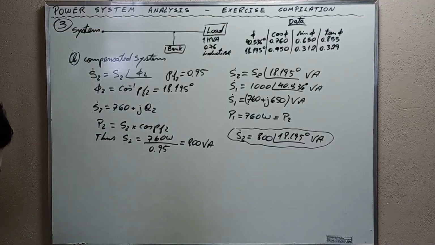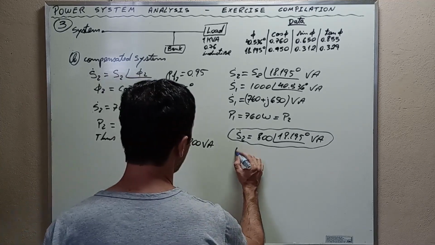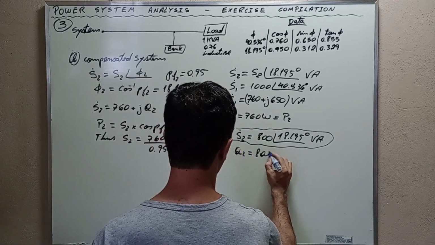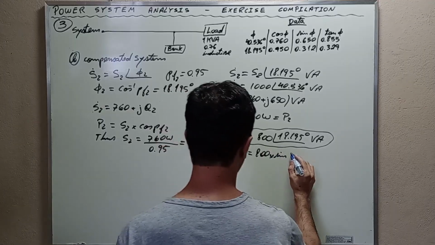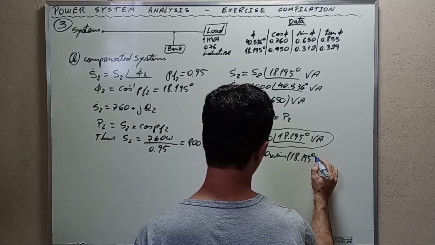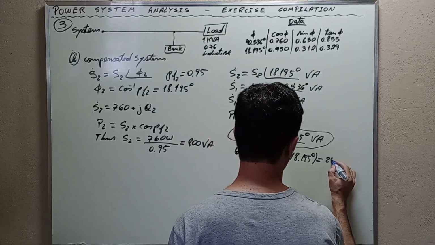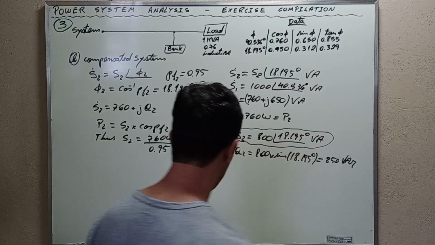And the reactive power of the compensated system Q2 is equal to 800 times the sine of 18.195 degrees, and this is equal to 250 VAR. Alright?